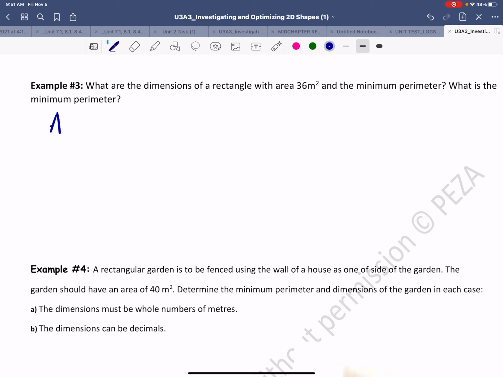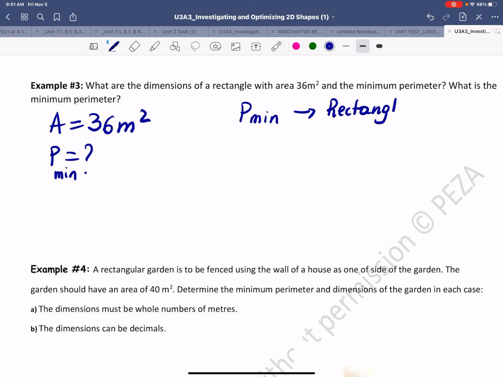So we're given the area of 36 meters squared, and we want to know what the perimeter is, and we want to keep the perimeter minimum. So we're going to say perimeter minimum will be when the rectangle is in the shape of a square. So it's a special rectangle, right?